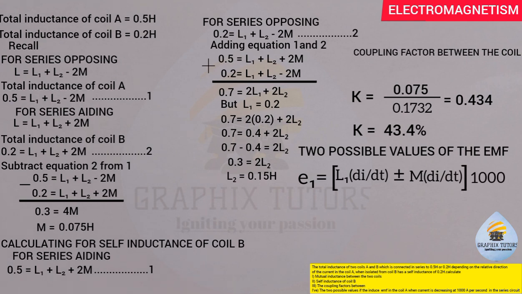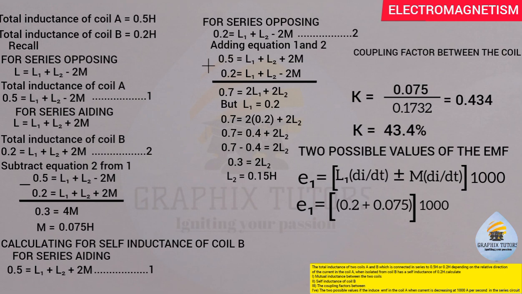So my E1, which is the voltage, equals the self-inductance L1, which is 0.2 as you've calculated earlier, plus the mutual inductance, that is 0.075, which we've calculated, all multiplied by 1000. When it is positive, we add them, and we also subtract them.